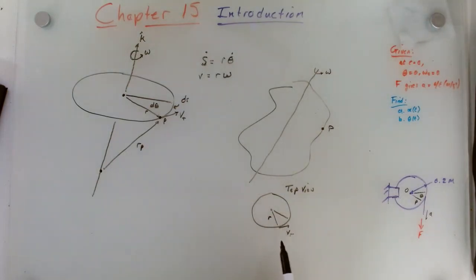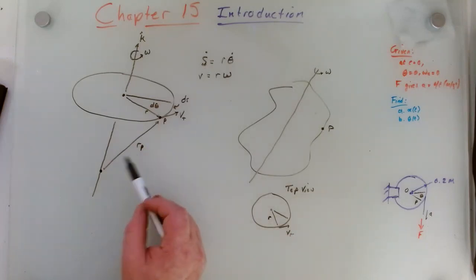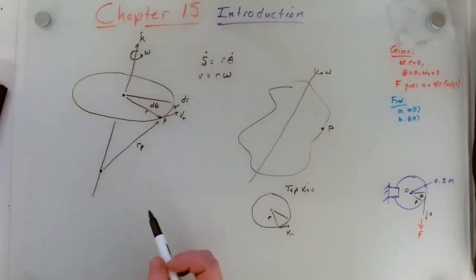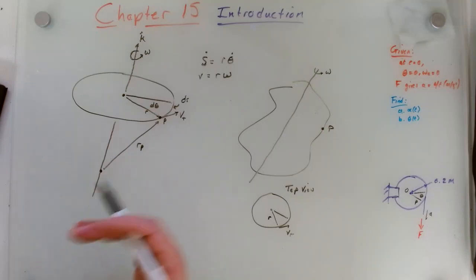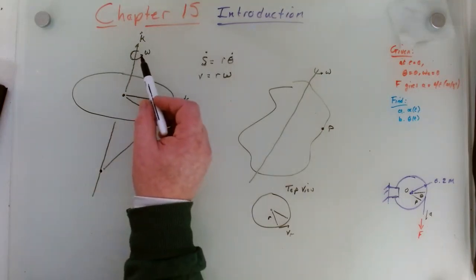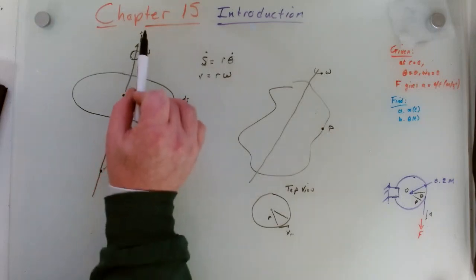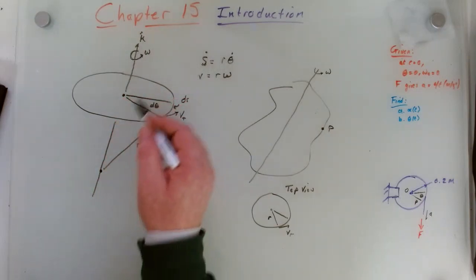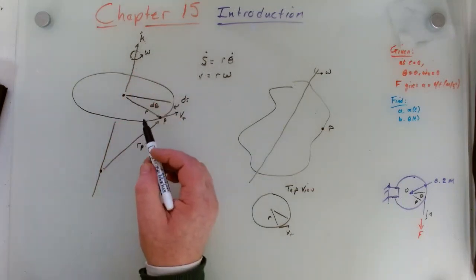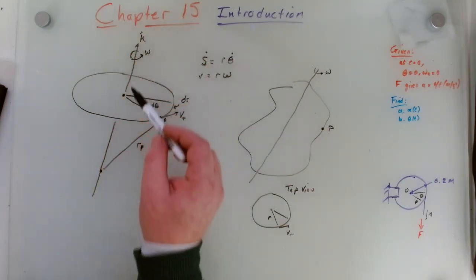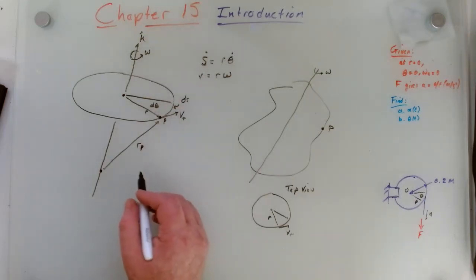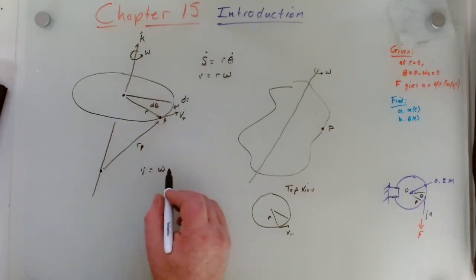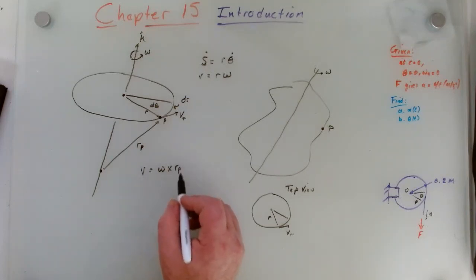Notice that our RP and our R coincide, and our direction for omega is this way. So if we think of this in 3D terms, then crossing omega with RP will give us V. So the rule is that V is equal to omega cross RP.